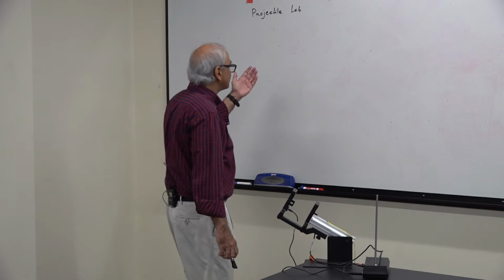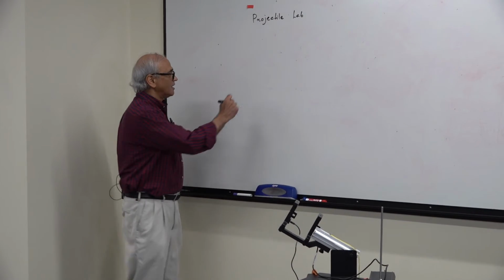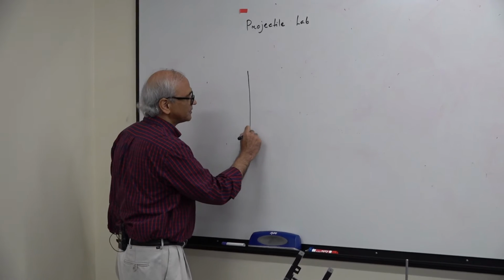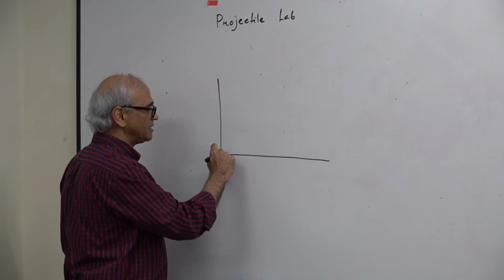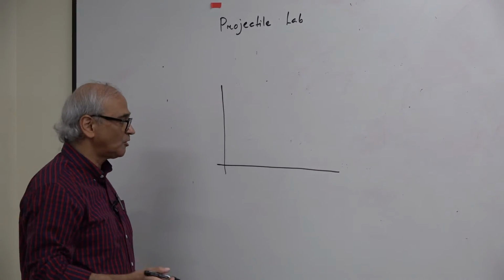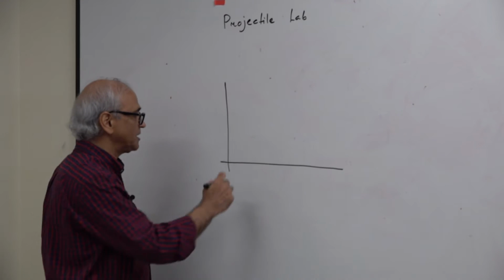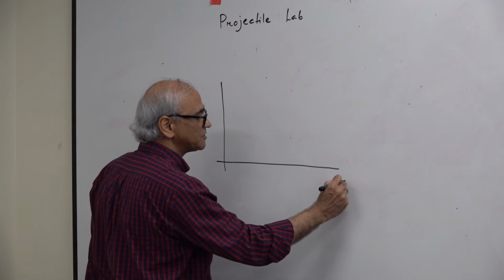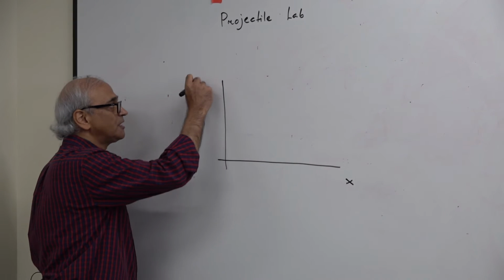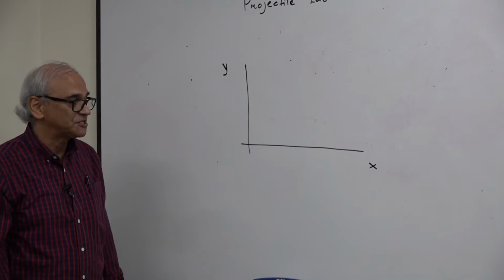So let me just first start with a simple figure. And what we have here is the projectile. You launch a cannonball or you throw a football, whatever it is, and it's moving in 2 dimensions because x is your 1 dimension and y is your another dimension.